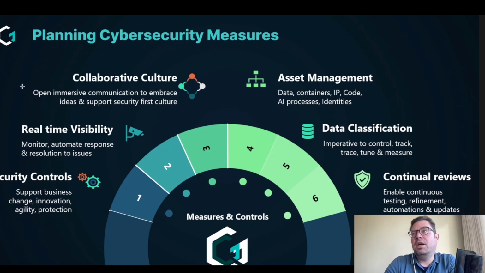Collaborative culture. It's very important that everybody within a company who notices that something is off reports it to the right people. Could be a security officer, could be a CISO, could be within IT operations, an application manager, for instance. We need to make sure that we have eyes and ears everywhere. So we need to collaborate with each other.